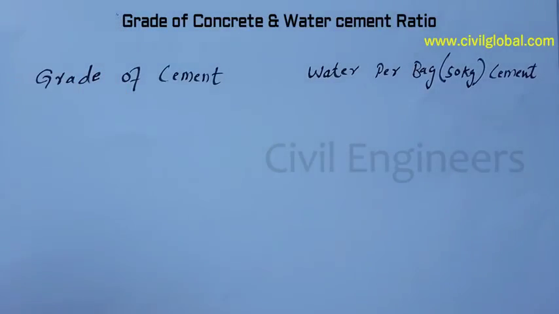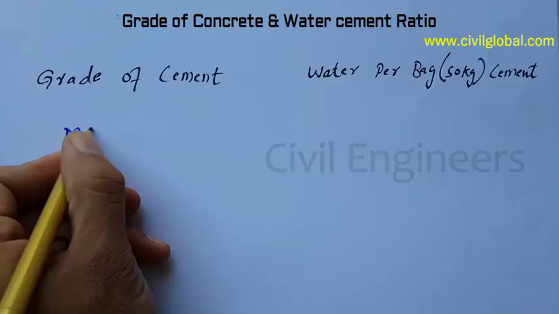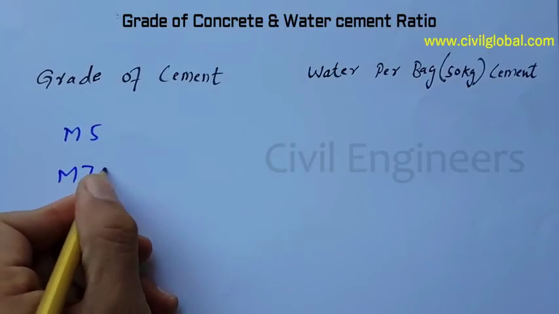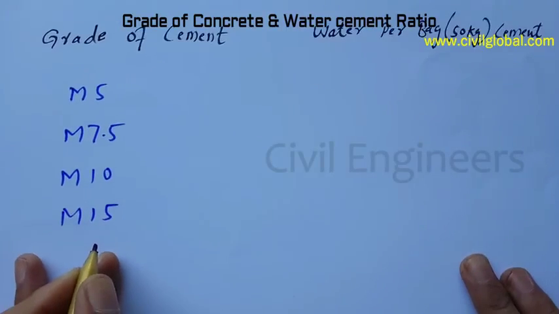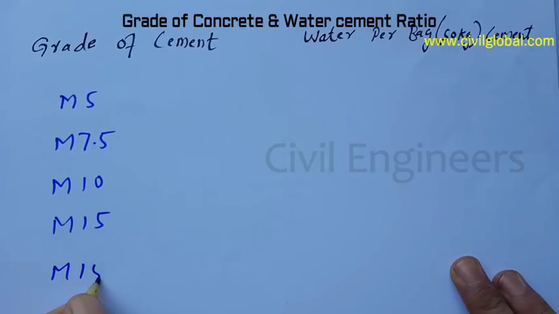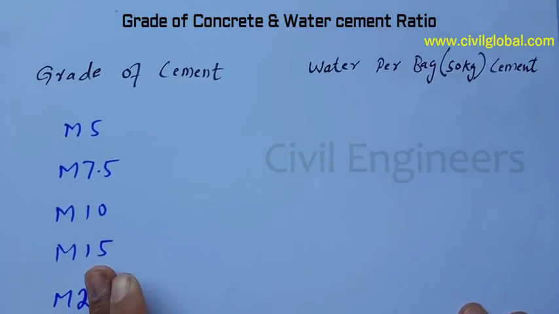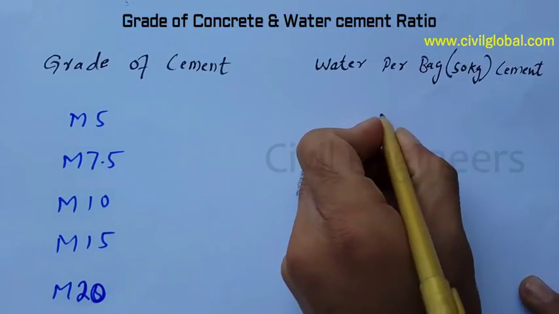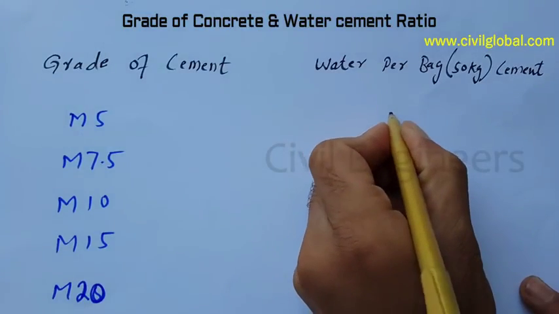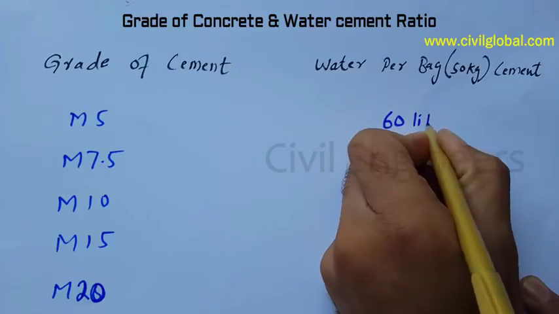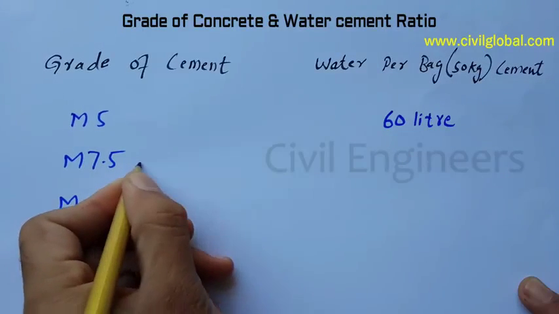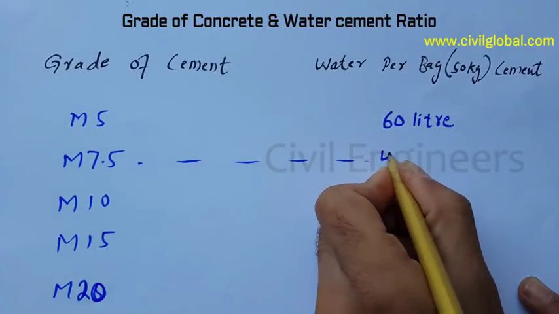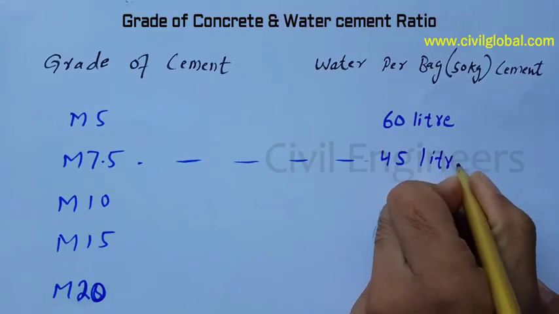For M5 we need 60 liters of water. For M7.5 we need 45 liters.